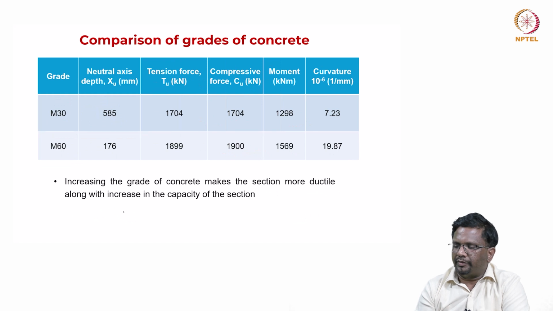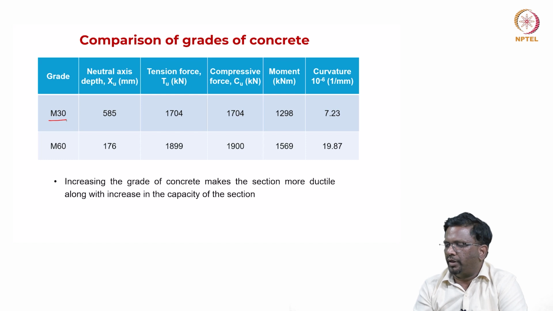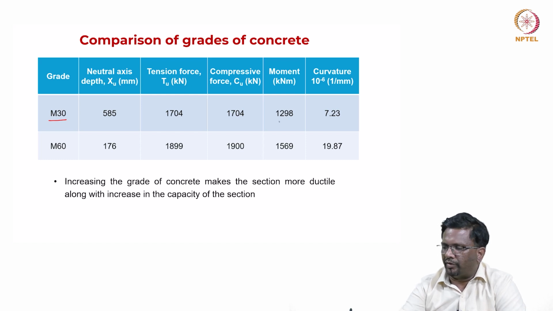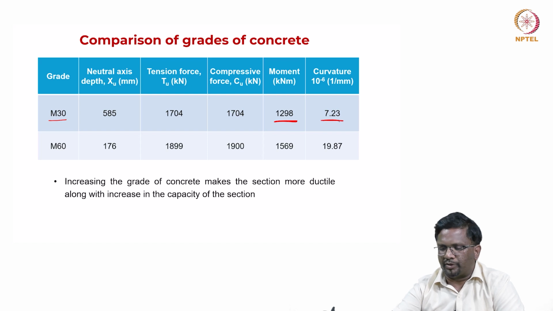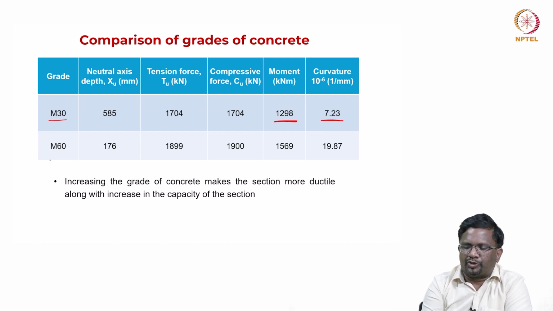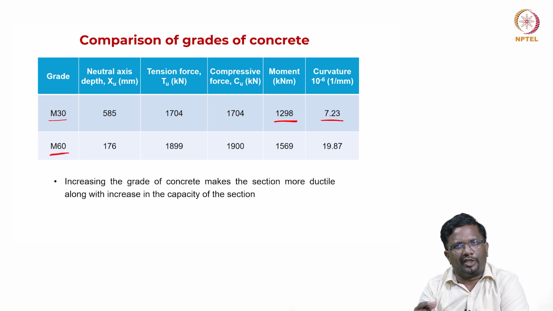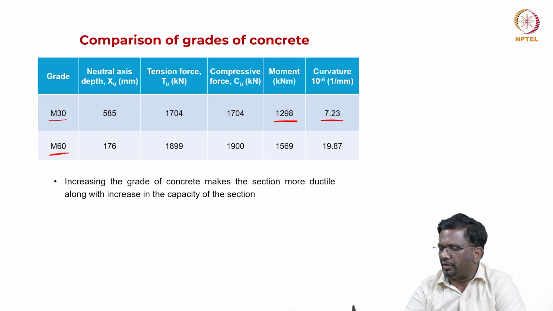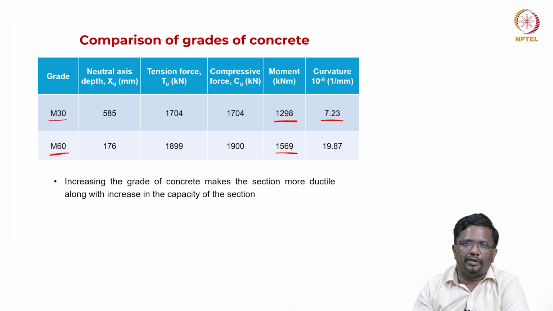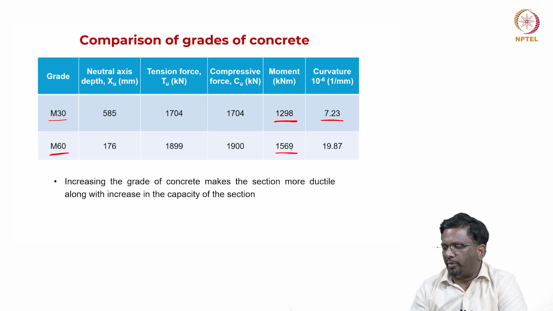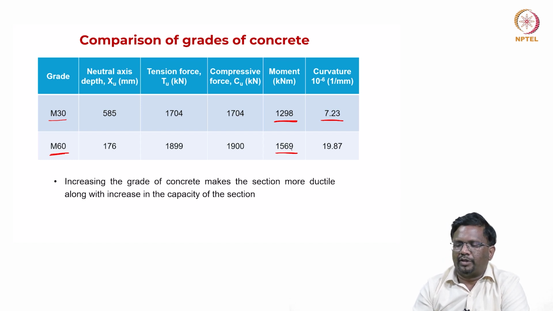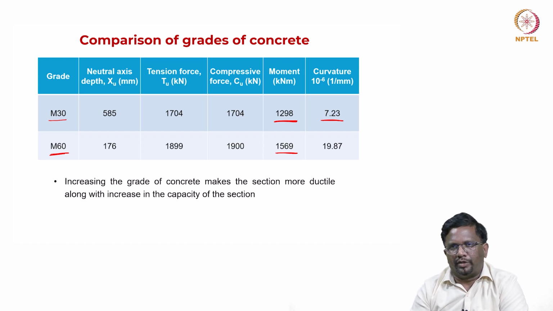Okay, again summary, and you can see here that for M30 grade with the same amount of steel, I get a moment resistance of 1300 and curvature of 7.23. By pushing it to M60 with the same amount of steel, you see here, you are not increasing significantly the moment capacity. The reason is, both of them are under reinforced sections.